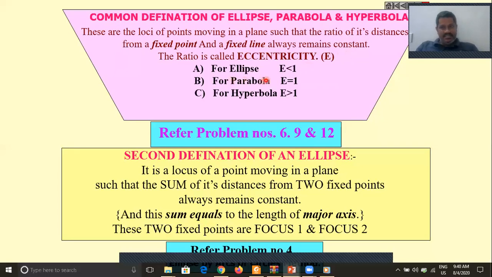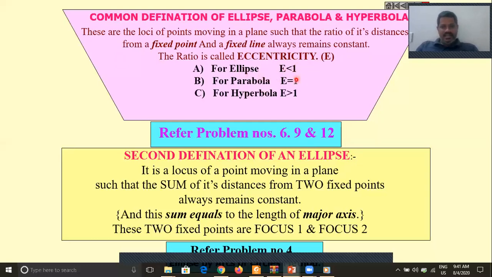If this eccentricity, this ratio of distances, is less than 1, we will get an ellipse. The ratio of distances from a point to a fixed point and to the fixed line is called the eccentricity.